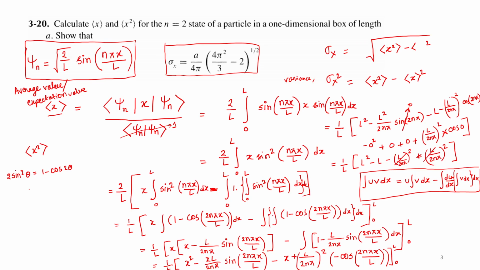Into 1 minus cos 2n pi x by L dx from 0 to L. Now the next step, 1 by L, x, integration of this is x, L by 2n pi sine 2n pi x by L, up to this part is fine, minus integration. This integration is still there.